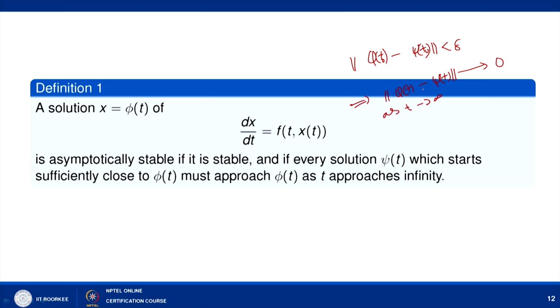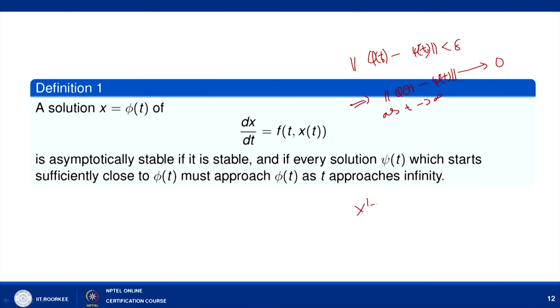So, it means that phi t satisfies the following two properties. First, it is a stable solution. Second, as t tends to infinity, norm of phi t minus psi t tends to 0 for every psi t which starts near phi t naught. Then we call phi t an asymptotically stable solution.